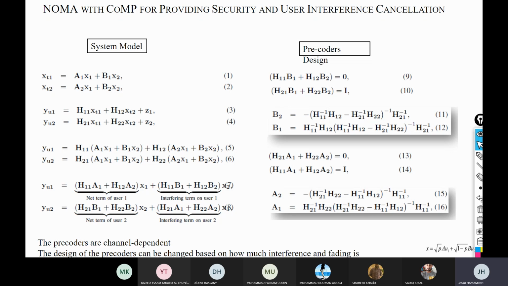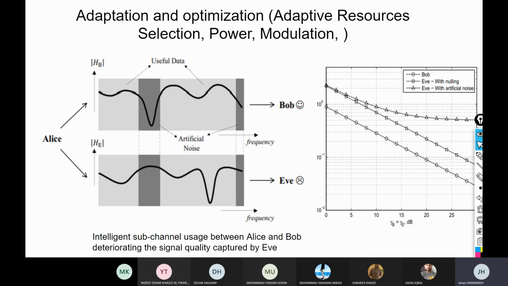Now, this is really what I wanted to discuss with you regarding artificial signal injection, which is one of the main techniques used in physical layer security. The other approach, the third and final approach, is adaptation and optimization.